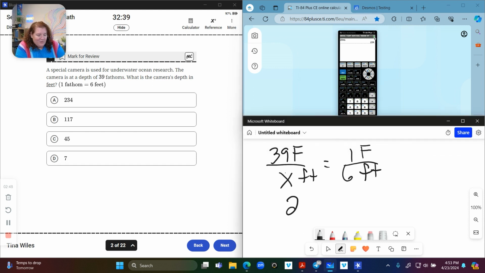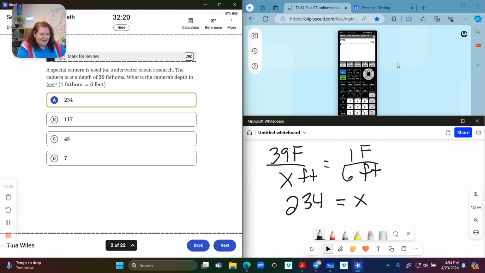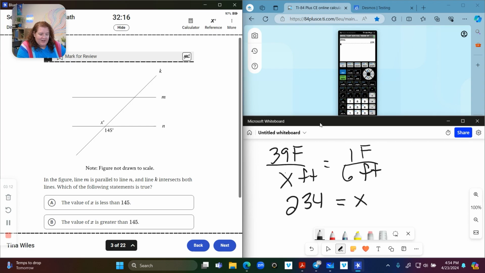So 234 equals x times 1. So 234 would be the correct answer. That's x feet, so 234 is the right answer for number 2.